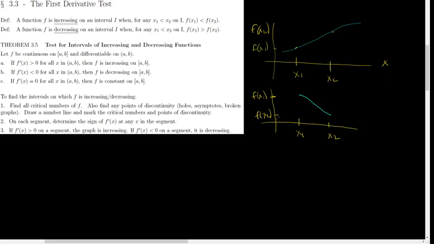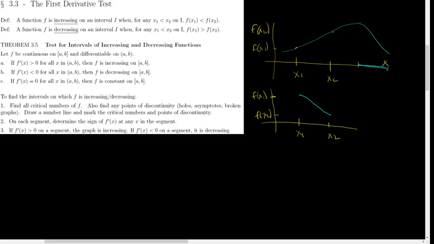Now keep in mind that not all functions are going to be only increasing or only decreasing. They can be doing both. For example, this function might take a turn and come down here, in which case, roughly from here to here, we could say the function is decreasing.